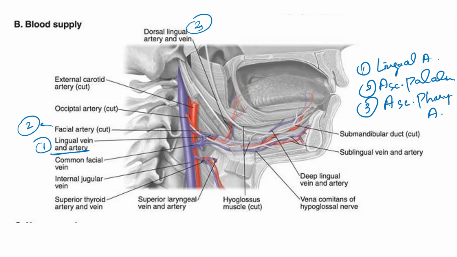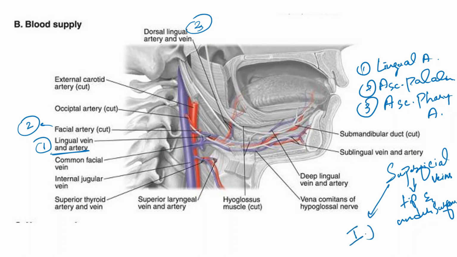The venous drainage of the tongue is mainly divided into two categories, that is the superficial veins and the deep veins. The superficial veins drain the tip and the undersurface of the tongue, and they tend to end in the internal jugular vein.